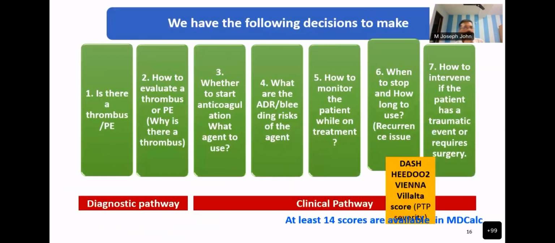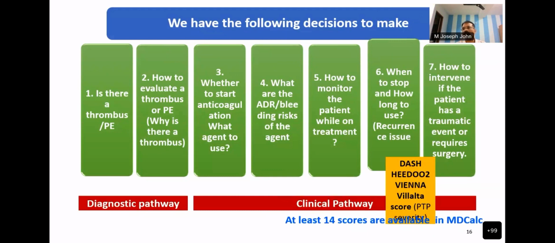Now, any patient of thrombosis, we would have to ask various questions. The first question is the diagnosis of thrombus. Is it in the leg or in the lung? If we have to start the anticoagulation, how do you weigh it against the bleeding risk?